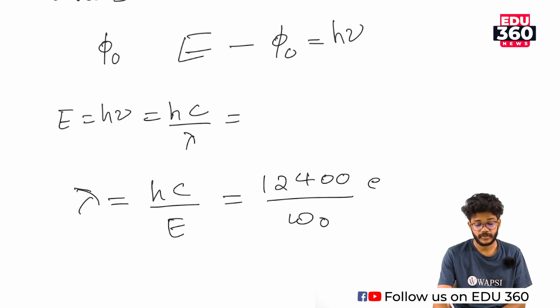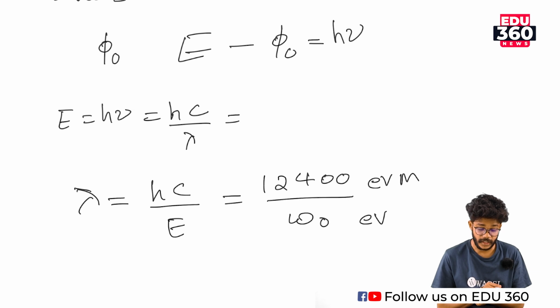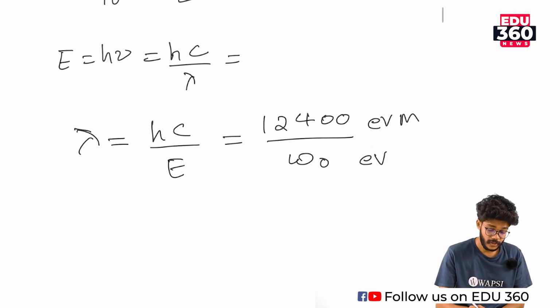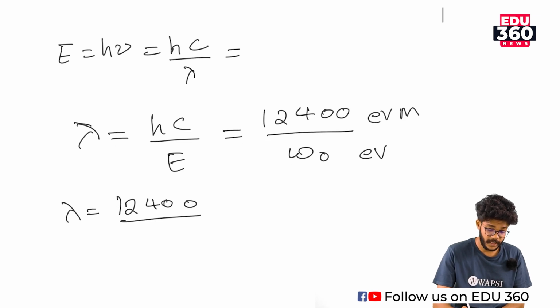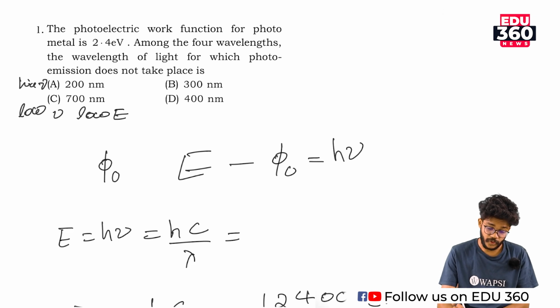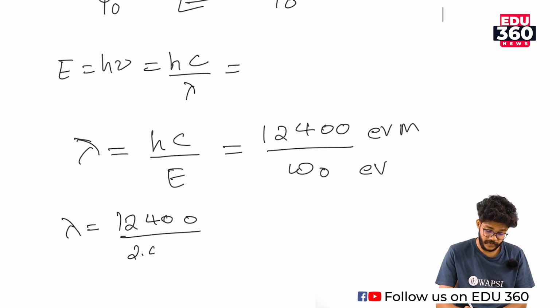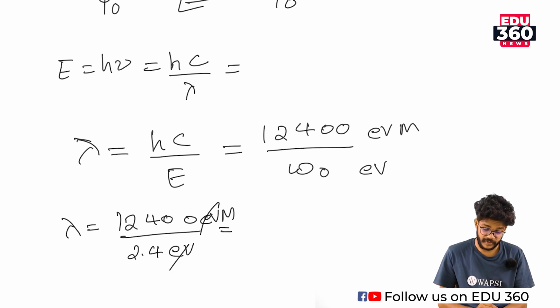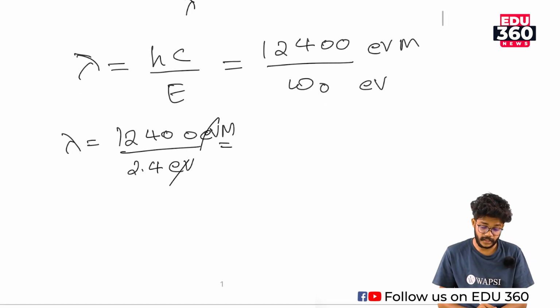These are in electron volt and these are in electron volt meter, so electron volt and electron volt cancel each other, and the unit of wavelength is meter. So lambda is equal to 12,400 divided by the work function, 2.4 electron volt.